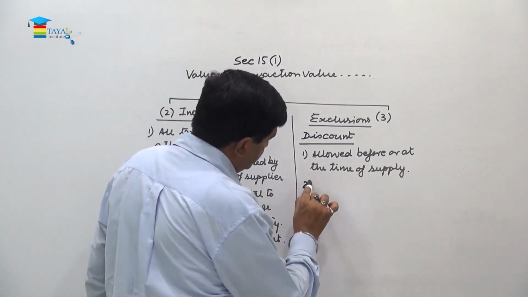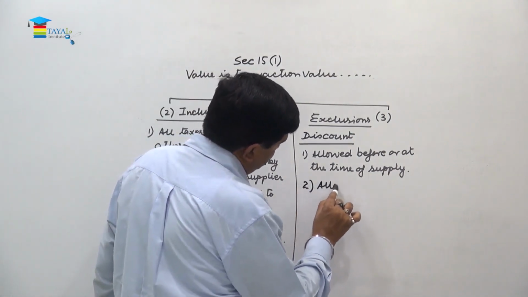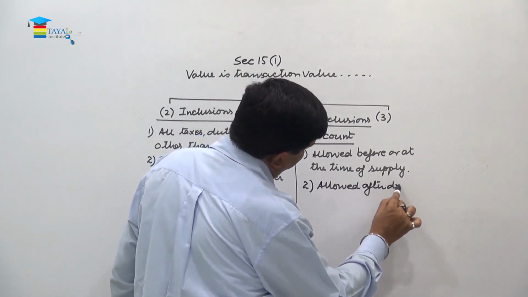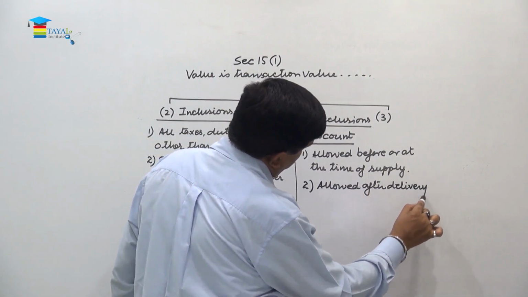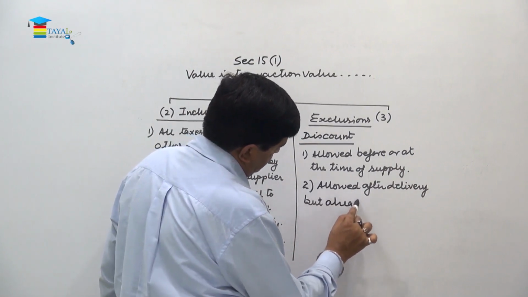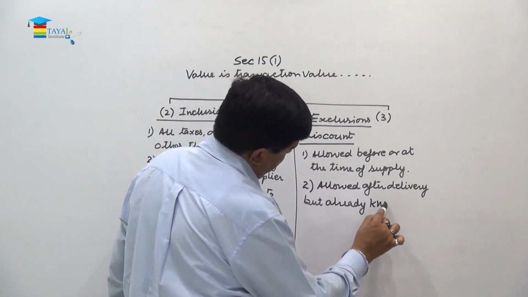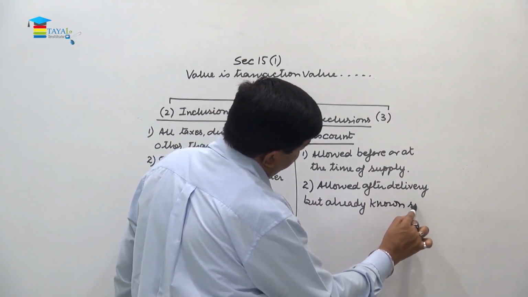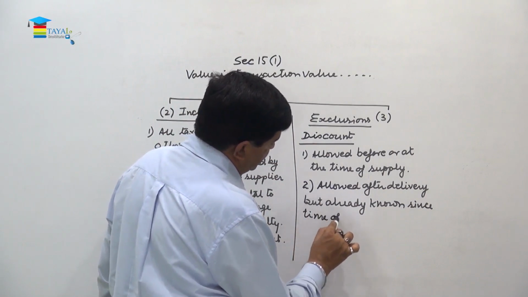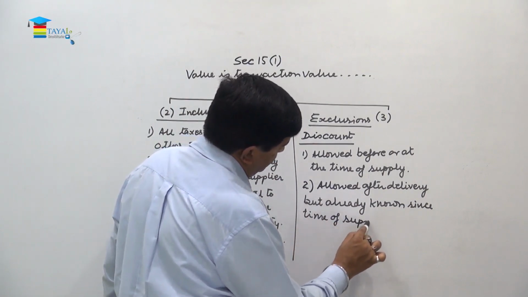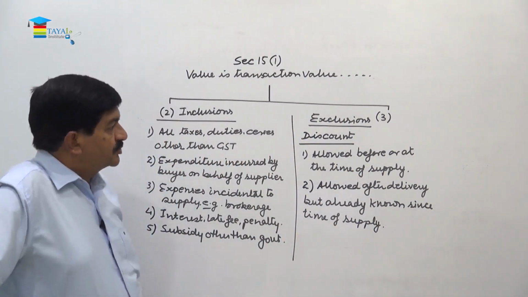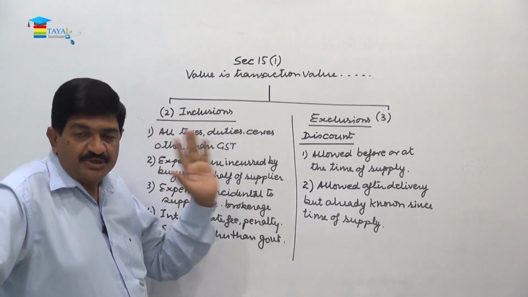Number 2, this is allowed after delivery, but already known since time of supply. Okay, so this is subsection 2 and subsection 3.